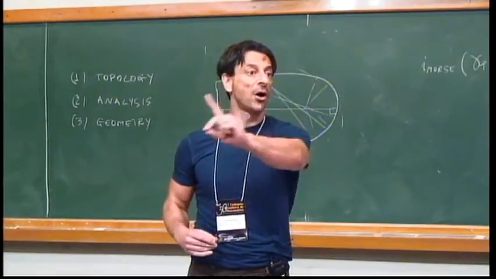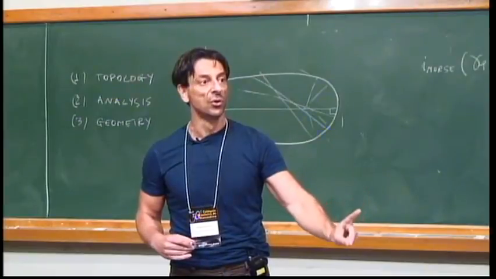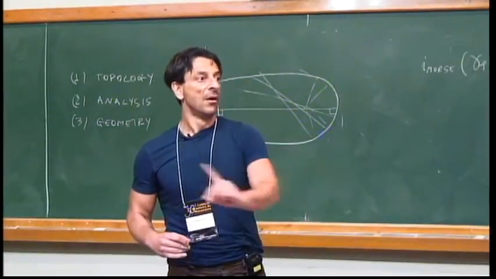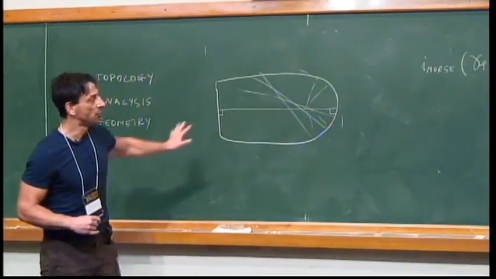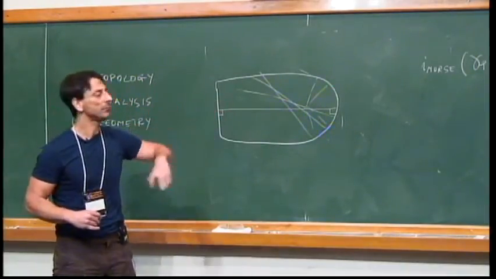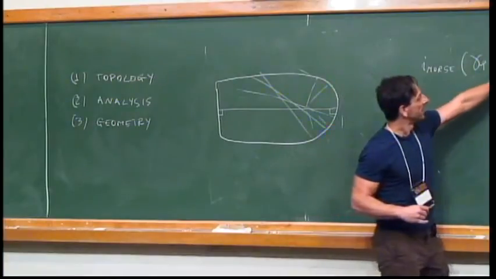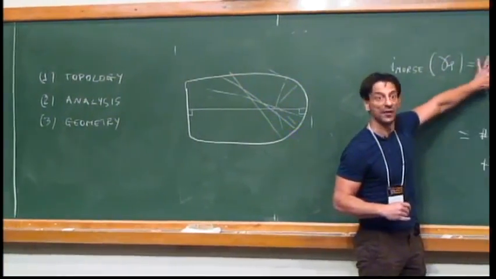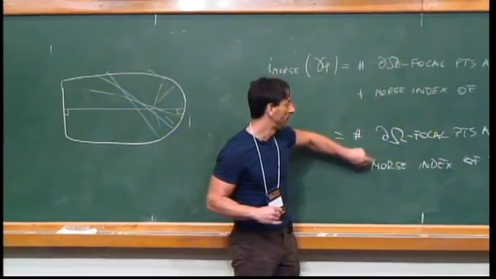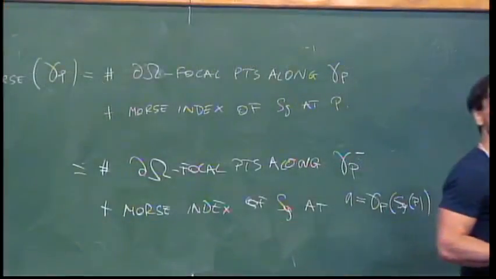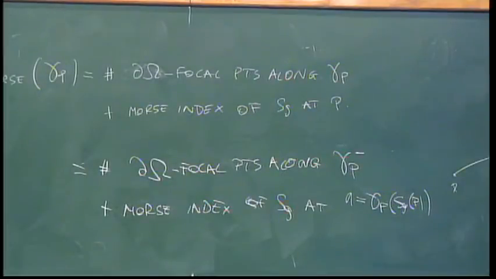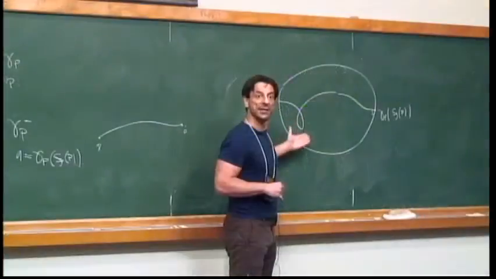And that's impossible because our assumption A2 says that there are no focal points on the boundary. That cannot have happened. So this situation does not happen. So it is true that the number of focal points in the two directions is the same. So it is true that these two Morse indices are the same. So it is true that SG is a Morse even function on a sphere, on an m-dimensional sphere.